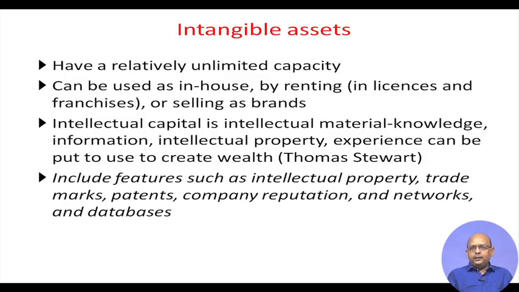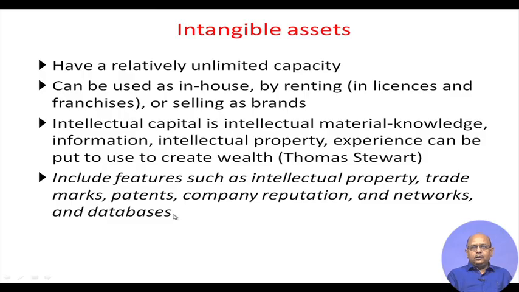It includes intellectual property, trademarks, patents, reputation, networks, even databases. If you remember, we talked about various components of intellectual capital which create market value, right. I am not talking about book value. So, everything associated with intellectual capital in terms of human capital, you can use various indexes, and organizational and infrastructural capital, customer or relational capital, and then social capital.